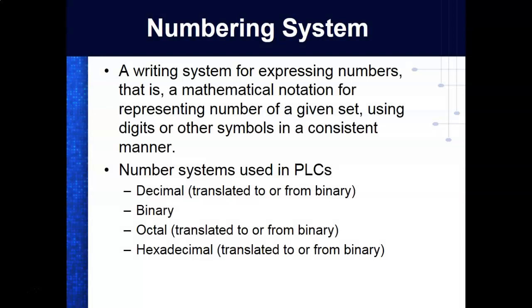Number system: a writing system for expressing numbers. That is a mathematical notation representing numbers of a given set using digits or other symbols in a consistent manner. The number systems used in PLCs are decimal, binary, octal, and hexadecimal. Of course, everything in the PLC is binary, but you'll learn right off the bat that binary is really complicated for humans to understand.